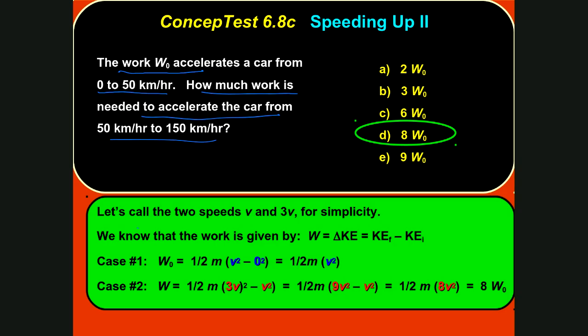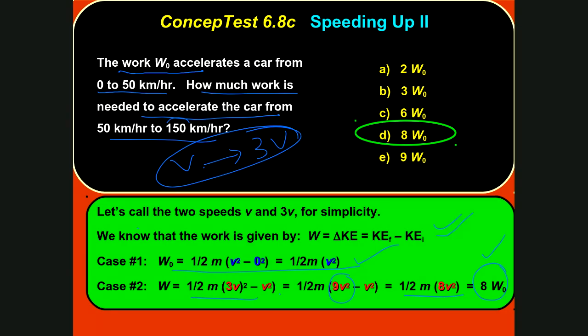Basically the speed is changing to 3 times V, so the energy will change 9 times. If the initial work was 1 by 2 mv squared, then when the speed changes, this becomes 9v squared minus v squared, so it changes 8 times. I was looking at the velocity, but the work is changing 8 times. So be careful and disregard the explanation in the previous slide. This is the correct version.